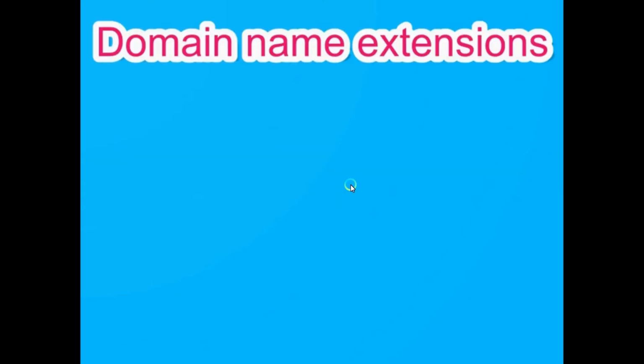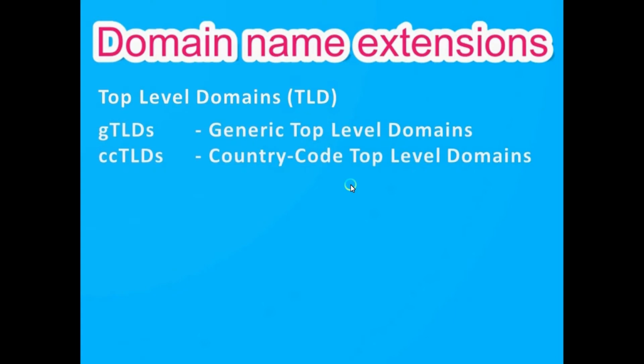Let's briefly discuss domain name extensions. Top-level domains, or TLDs, refer to the part after your domain name, the extension, for example, .com. TLDs are mainly classified in two categories: gTLDs, which stands for generic top-level domains, and ccTLDs, which stands for country code top-level domains.